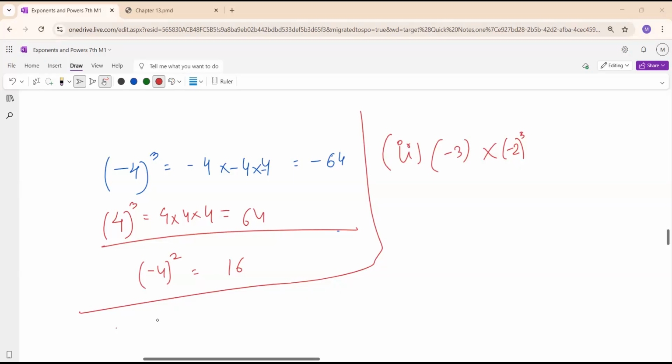Sir, I finished. Are you done with the question also, the part minus 3 into minus 2 raised to the power 3? Yes, sir. Write the answer in the chat box, Salman.